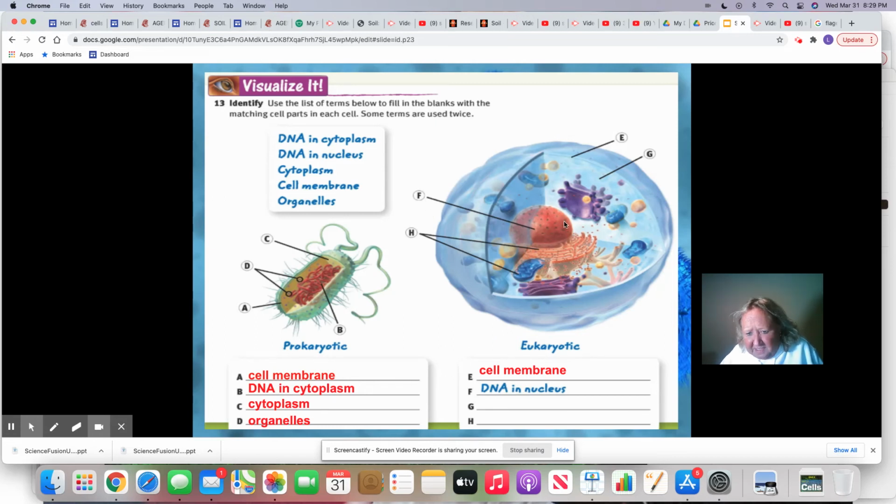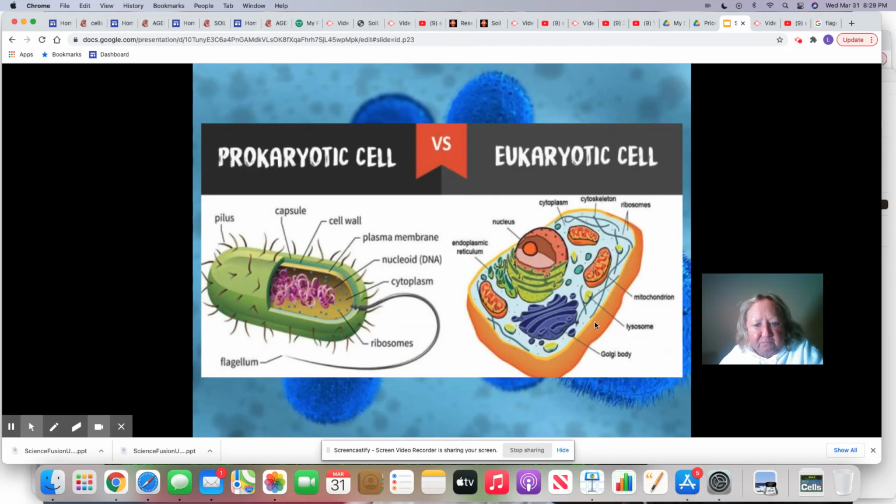F is pointing to this big thing like a peach pit or seeds in an apple. That is the nucleus, so the DNA is in the nucleus. Then G is pointing to all this filler material, and if you remember, that is the cytoplasm. And H is pointing to all of these things. You will learn their names in about three weeks, but those are the organelles.